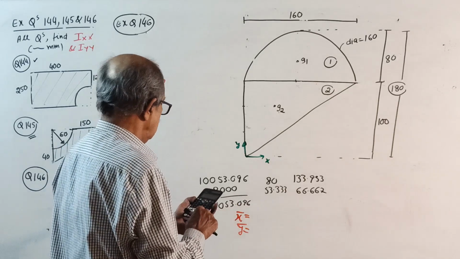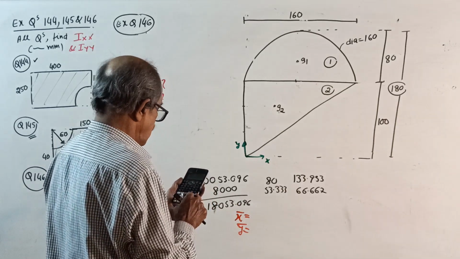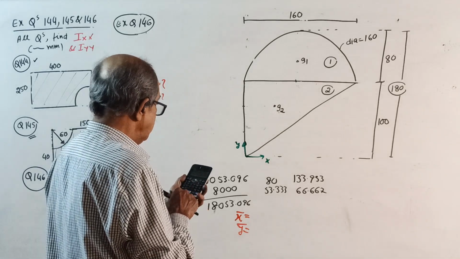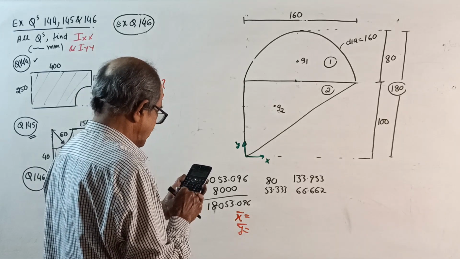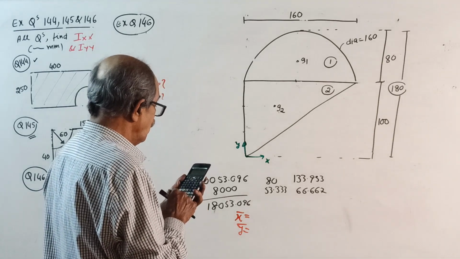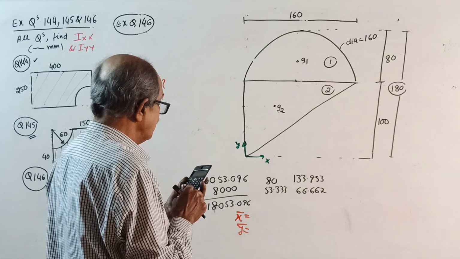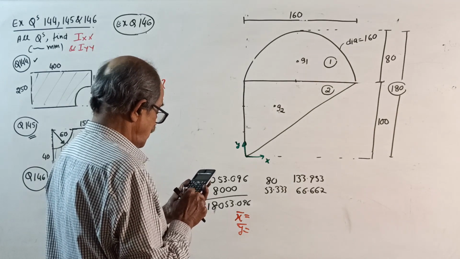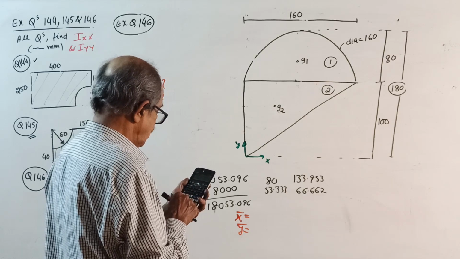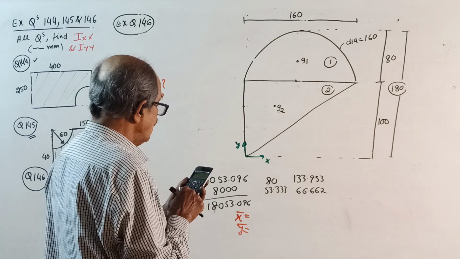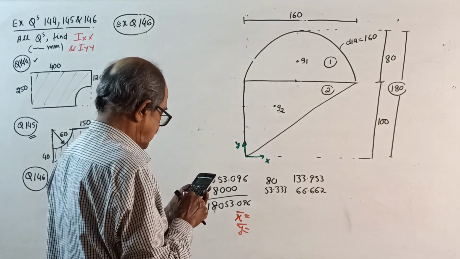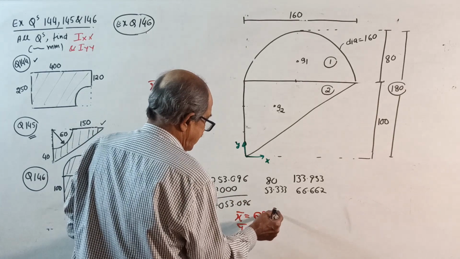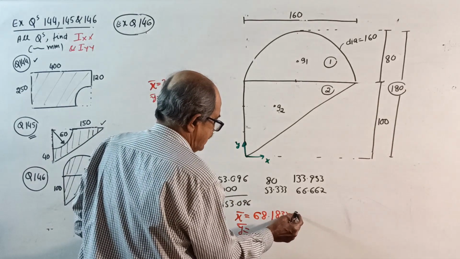X bar: 10053.096 into 80 plus 8,000 into 53.333, divided by 180, already there in memory, divided by shift store A. 183 millimeter.